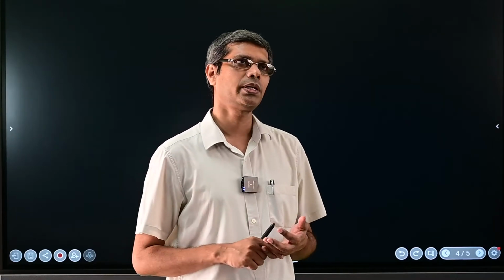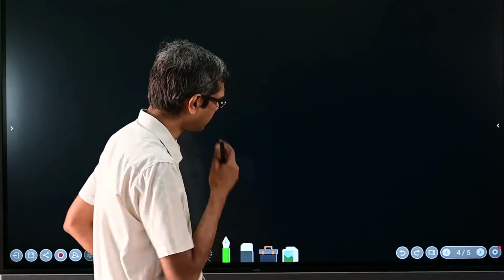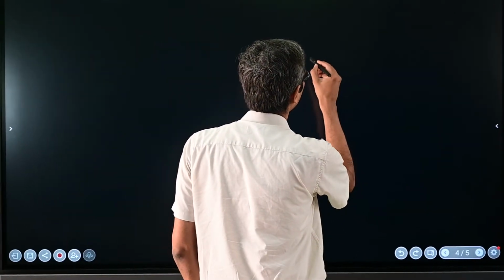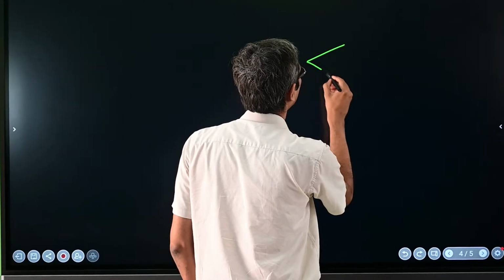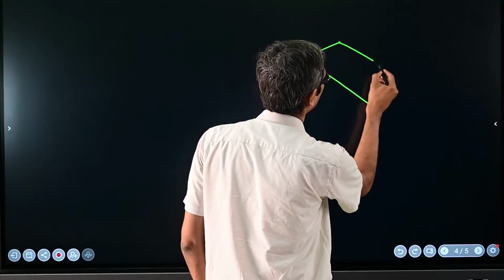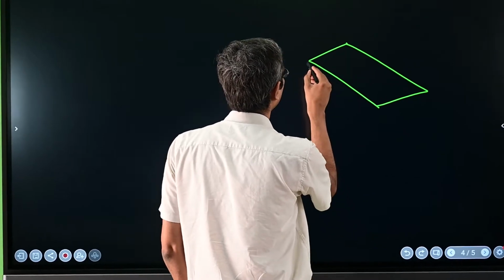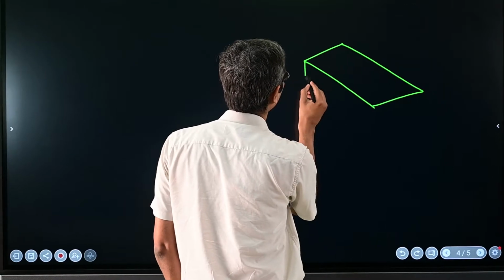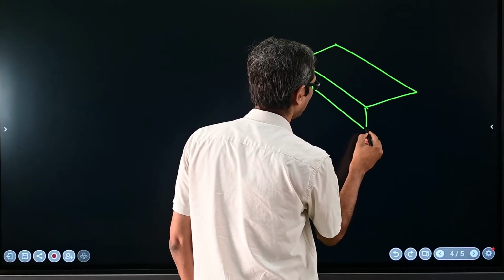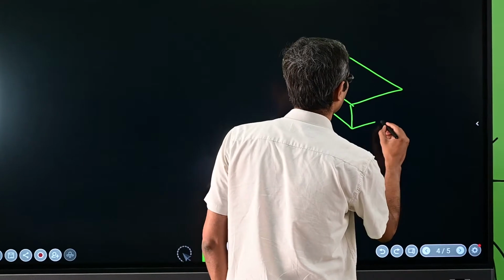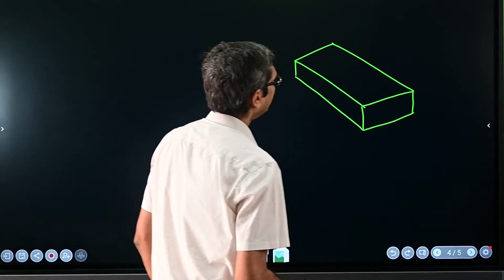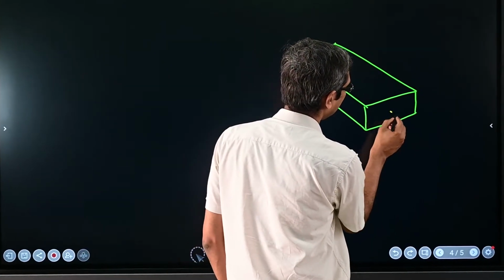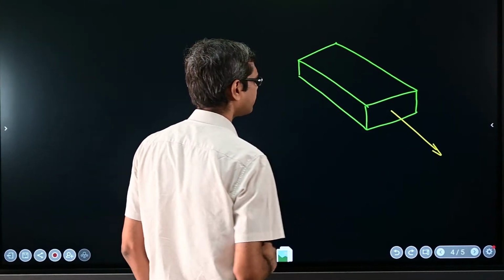Suppose you have, say, a cuboidal rod like this, and then you applied a force like this in this direction, okay.